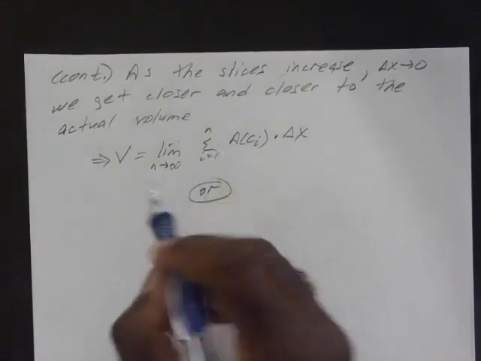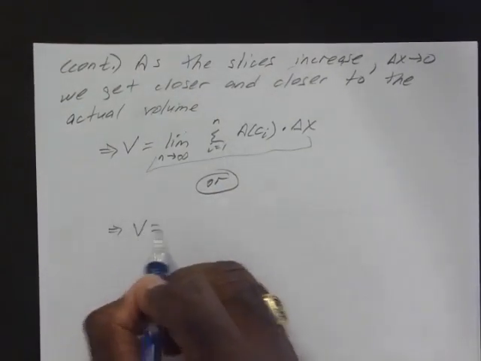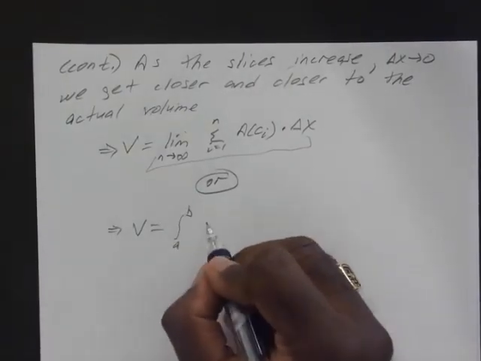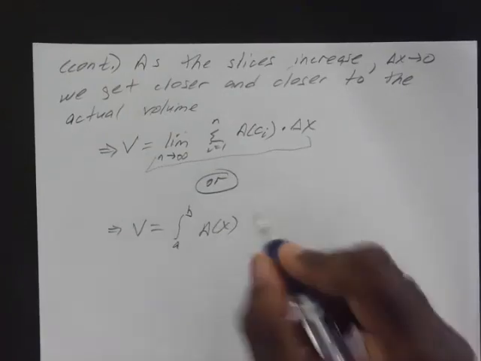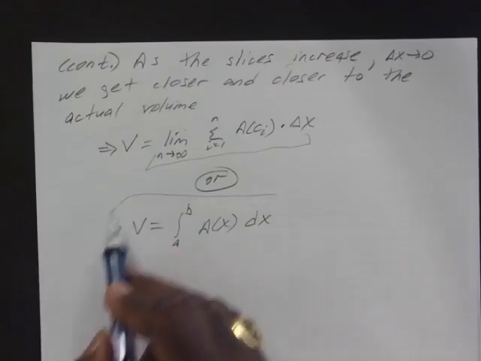Or notice that this is just the limit definition of your integral from a to b of the area of the cross section times your width.